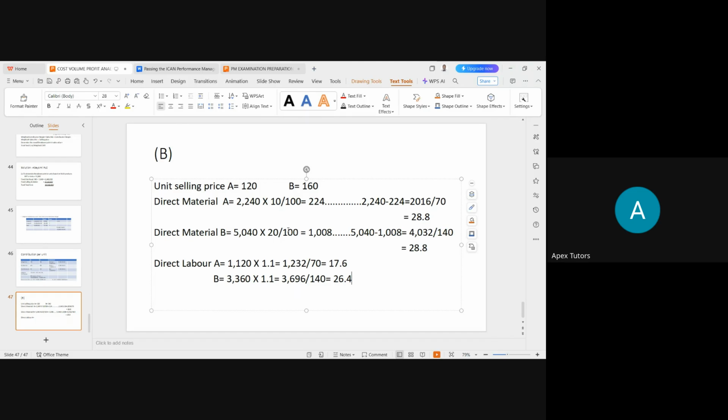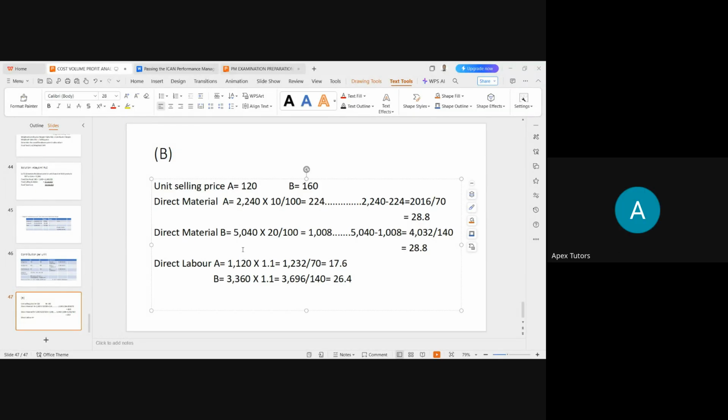26.4. So at this point now, the variable overhead, is it affected? Any information about variable overhead? It will be affected because the price for product B has changed, right?